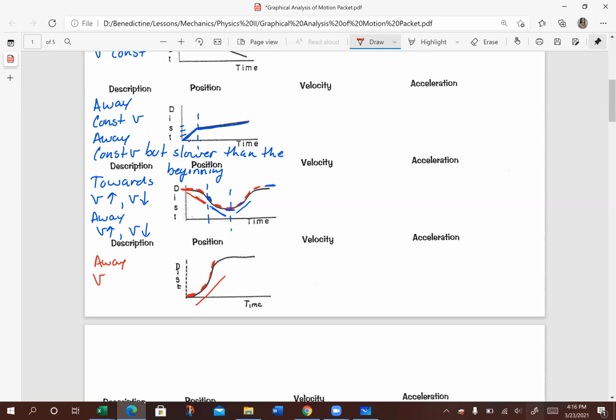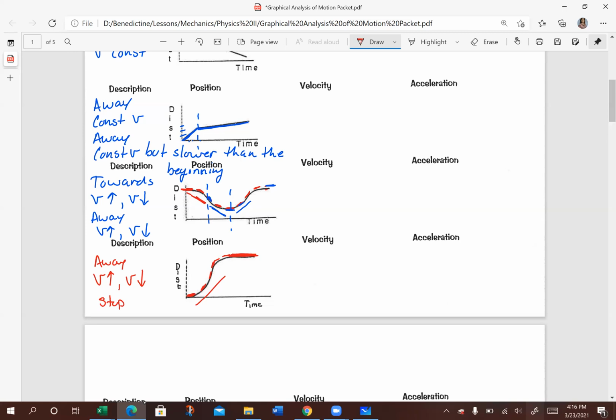So my speed is increasing, and then I continue to move away to the point where I stop. And then we'd say speed is decreasing, and then I stop. So in this one, I didn't necessarily say stop. You could say velocity is 0, but this one's clearly like in a very long horizontal line.